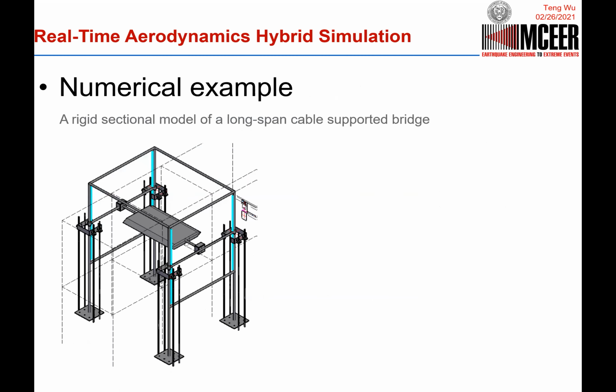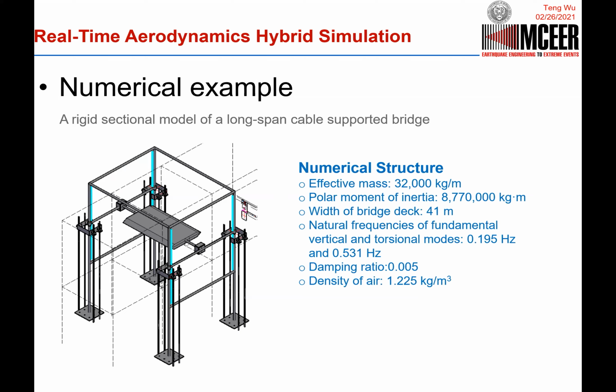With this, we want to use some numerical examples to demonstrate the feasibility and robustness of this real-time aerodynamics hybrid simulation methodology. In the first example, we used the rigid sectional model of a long-span cable-supported bridge. These are the numerical structure parameters, and here is the physical fluid.